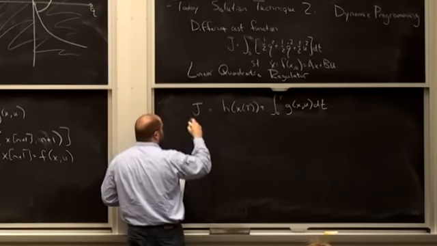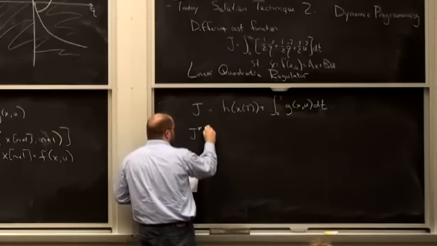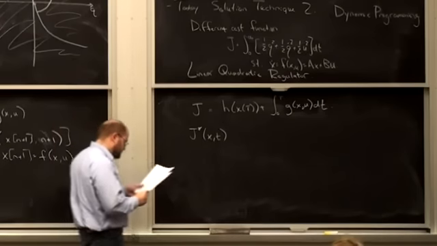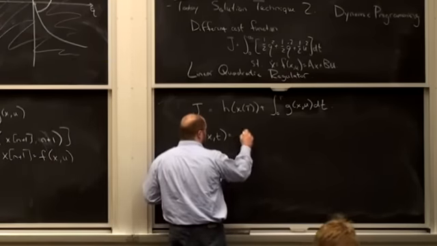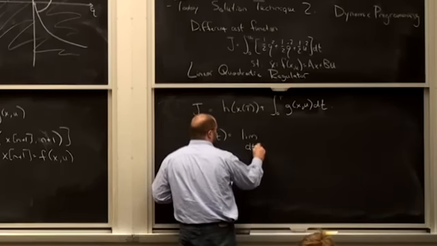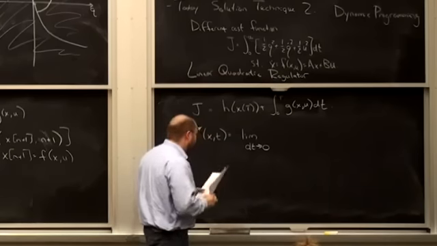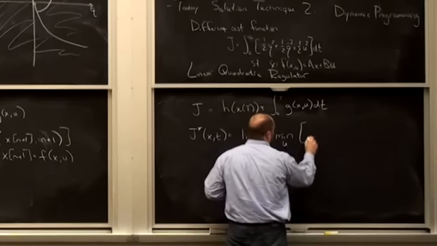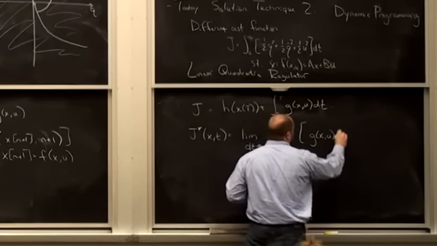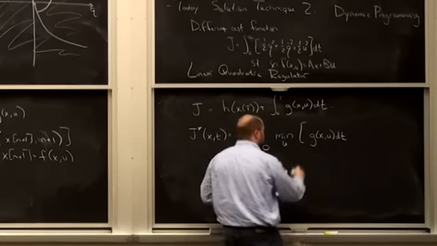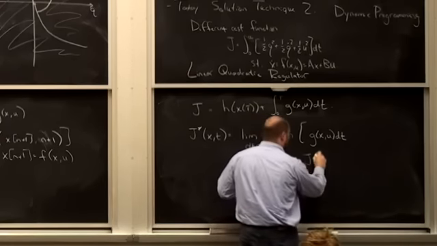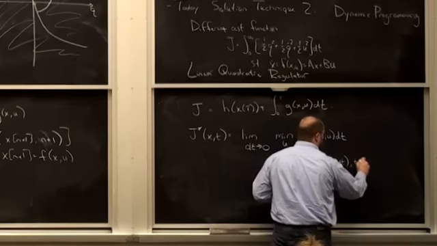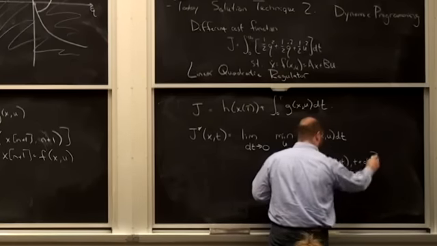The analogous statement from this recursion in the discrete time is that J of x at t is going to be a limiting argument as dt goes to 0 of the min over u of g of x, u dt plus J of x at t plus dt.